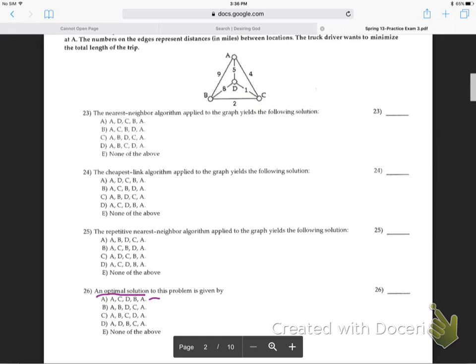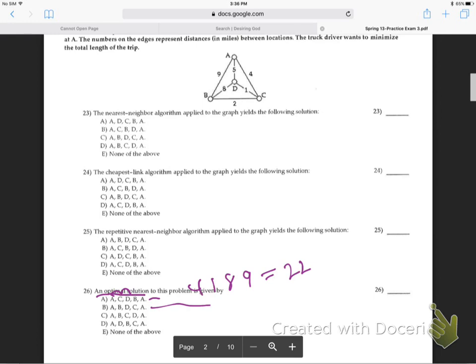All right, A to C. I'm just going to add them up. So this one is A to C to D, so I'm just going to add the numbers. A to C is 4, C to D is 1, and D to B is 8, and B back to A is 9. That's 10, 22.